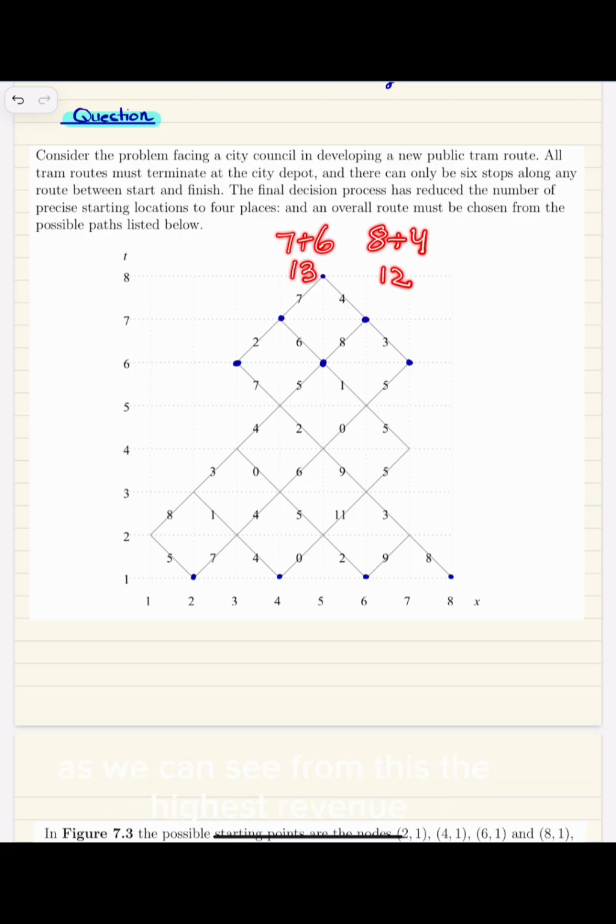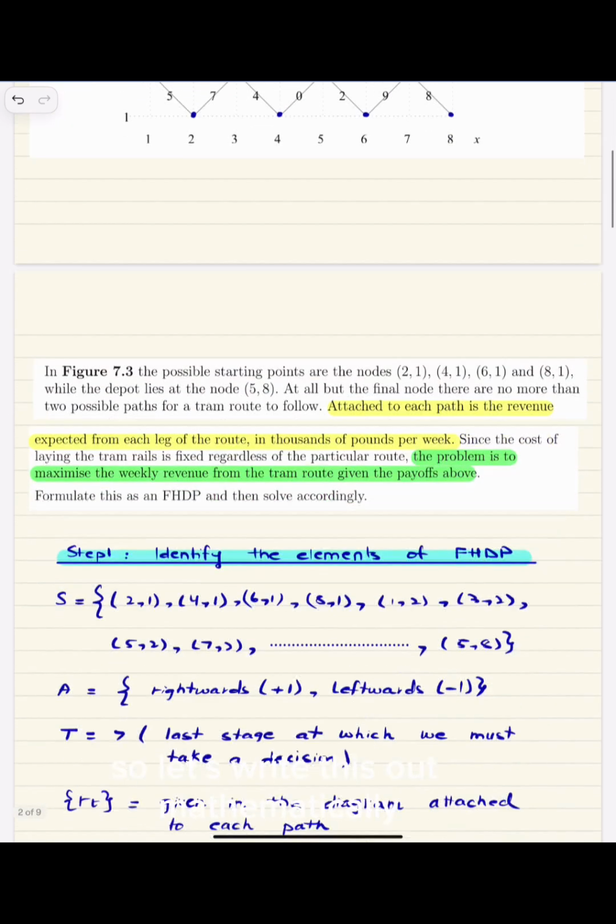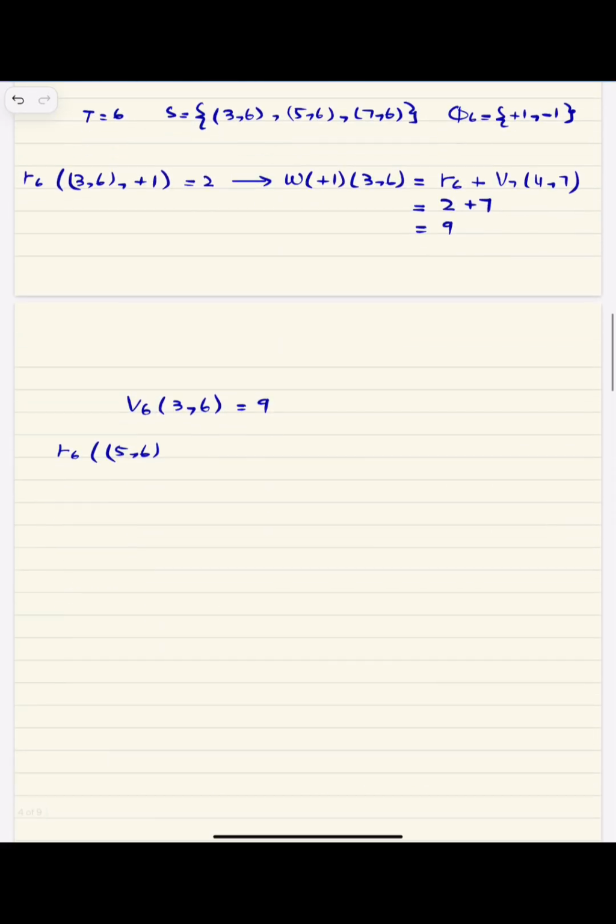As we can see from this, the highest revenue is if he takes a left and he ends up at 4 7, and after that he's going to take a right and he's going to get a 7. So let's write this out mathematically. At position 5 6, if he takes a left, he's going to get a reward of 6.